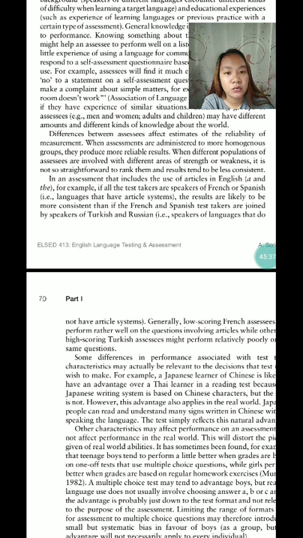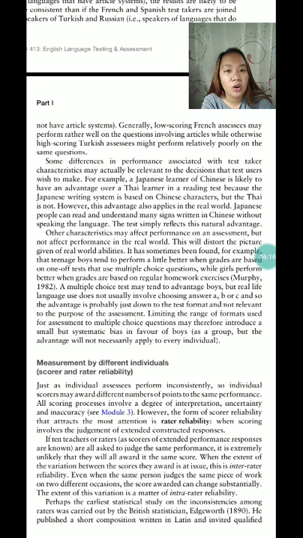In an assessment that includes the use of articles in English, a and the, for example, if all the test takers are speakers of French or Spanish, languages that have article systems, the results are likely to be more consistent than if the French and Spanish test takers are joined by speakers of Turkish and Russian, languages that do not have article systems. Generally low-scoring French assessees may perform rather well on the questions involving articles, while otherwise high-scoring Turkish assessees might perform relatively poorly on the same questions.